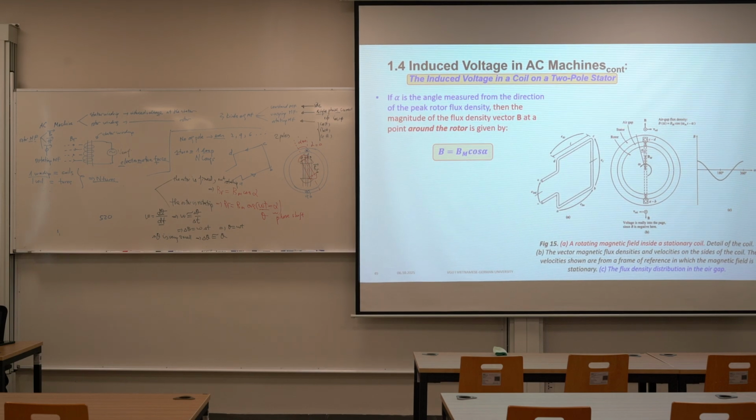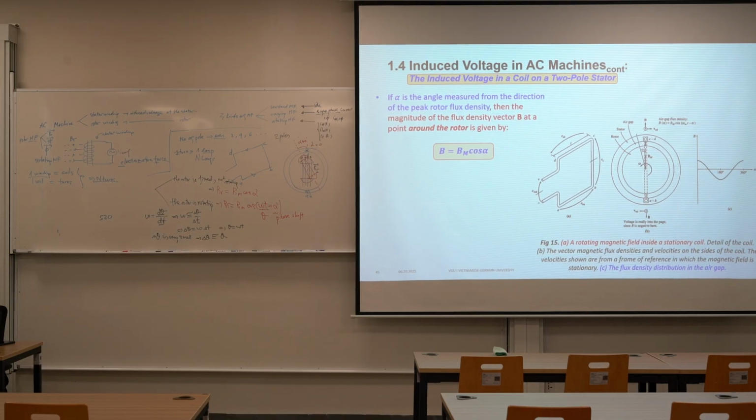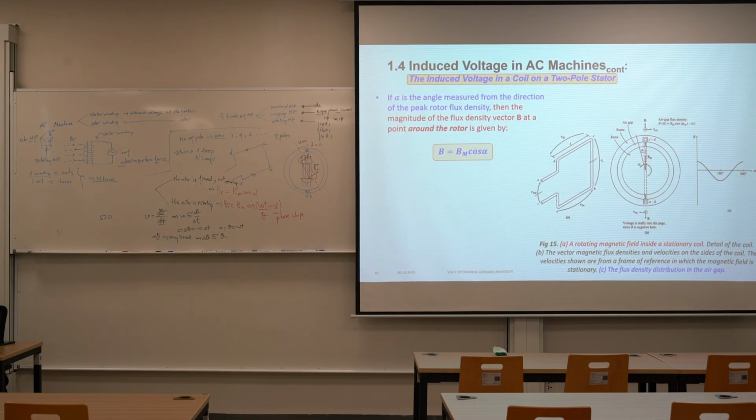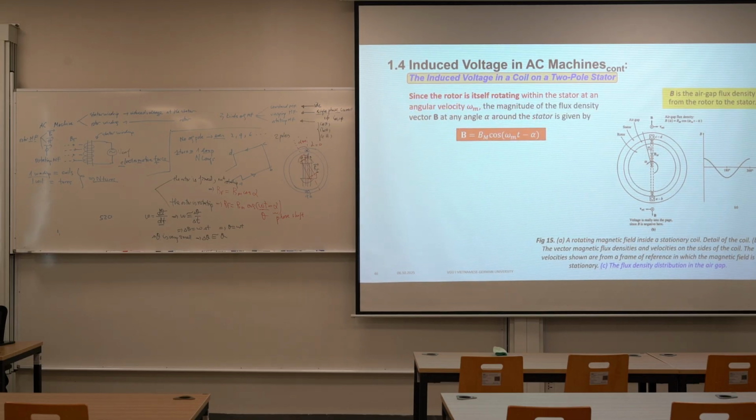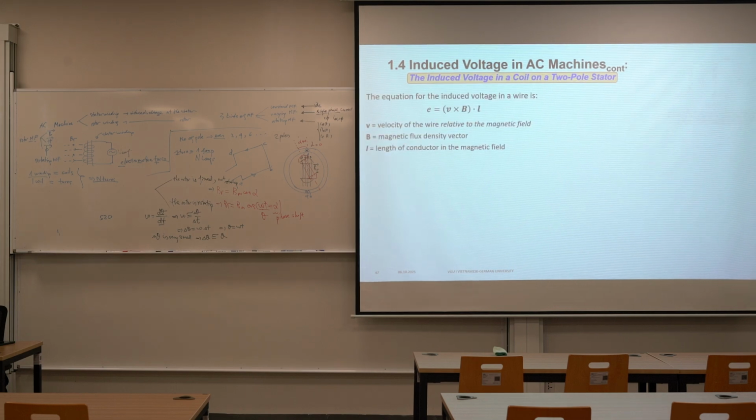Because we are considering cosine. And the rotor rotates with the angular frequency of omega, or sometimes we say omega m. What does this mean? M means motor.